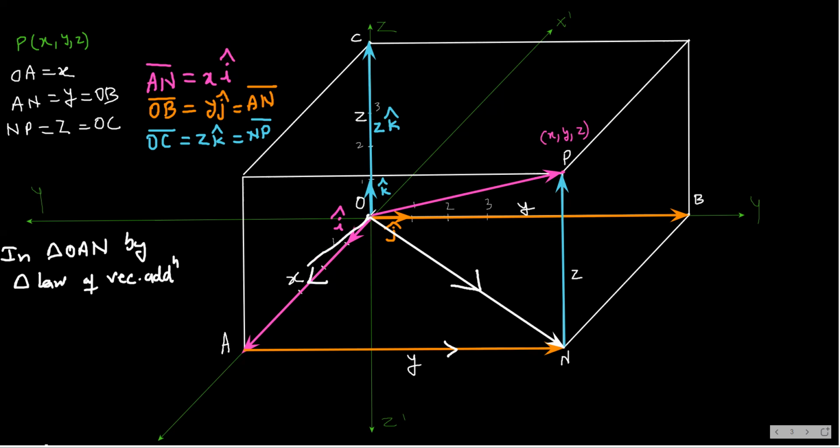You check from here to here, then here to here is the same as here to here. So I apply the triangle law of vector addition. So ON bar is OA bar plus AN bar. OA bar is x i cap.